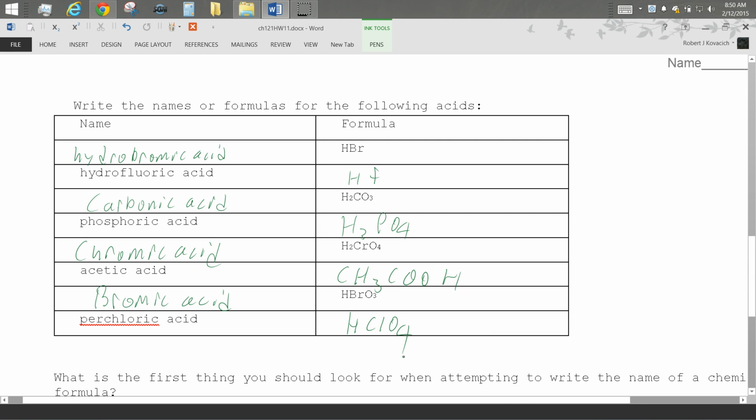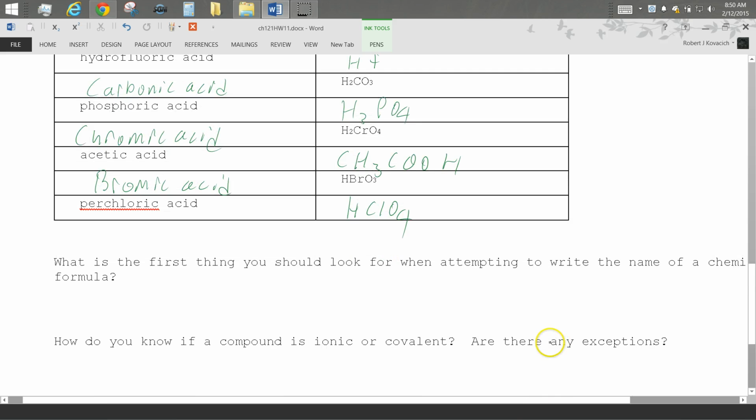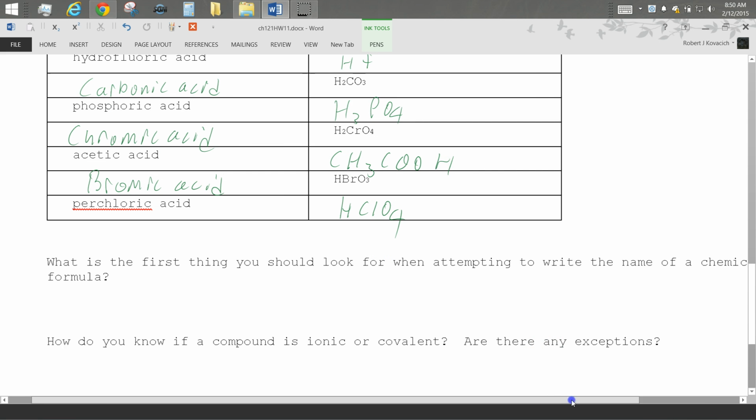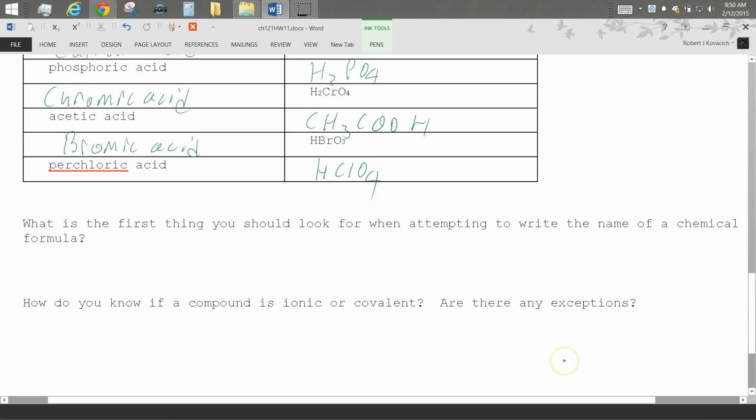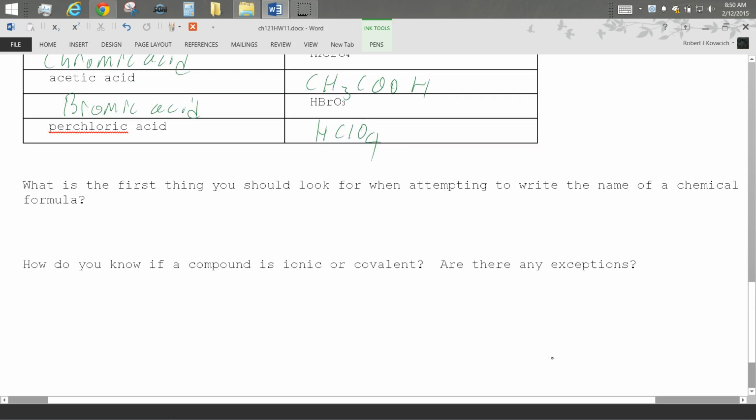What's the first thing you should look for when you're trying to write the name for a chemical formula? Does it start with an H? That's one thing. What else? Is it ionic?